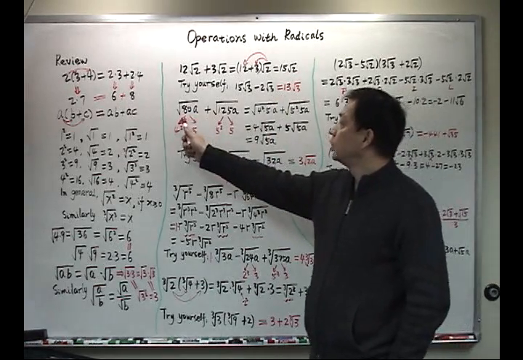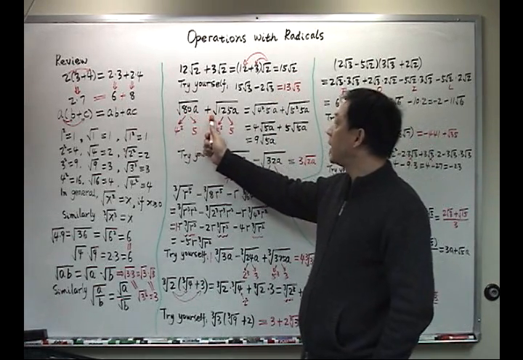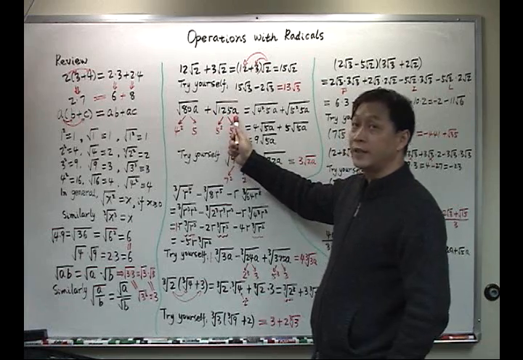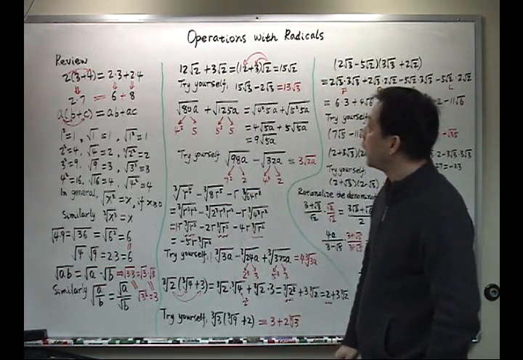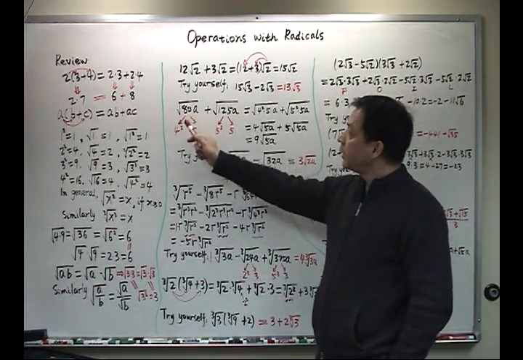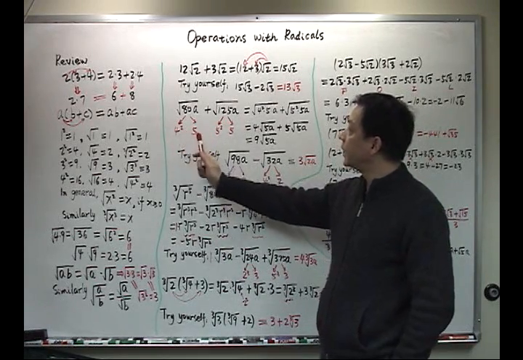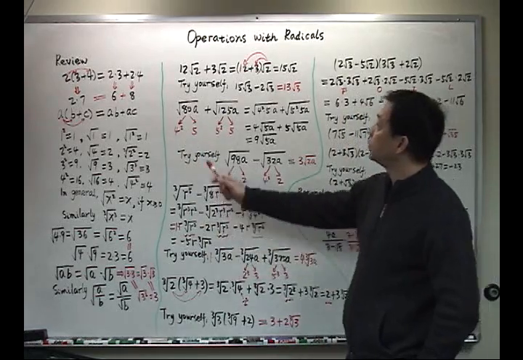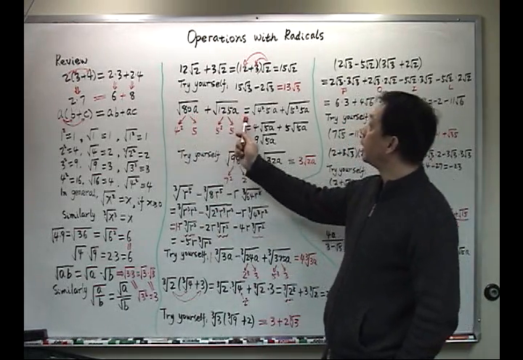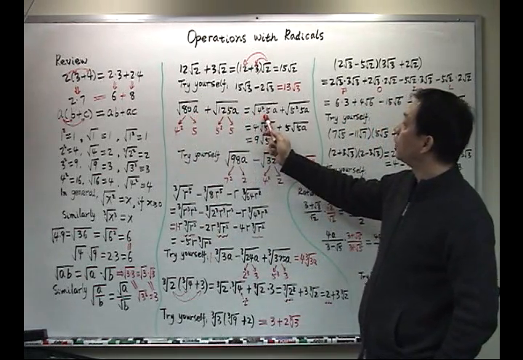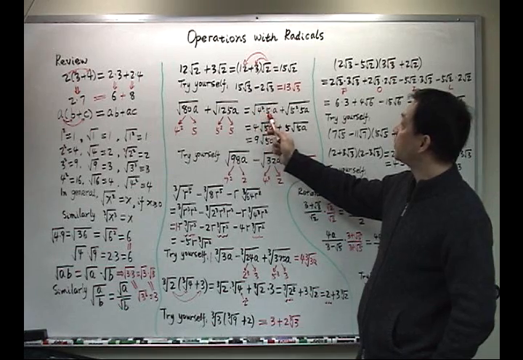Now, radical 80a plus radical 125a. We know 80 is 16 times 5, and 16 is 4 squared. So the first term, radical 80a, is radical 4 squared times 5a.